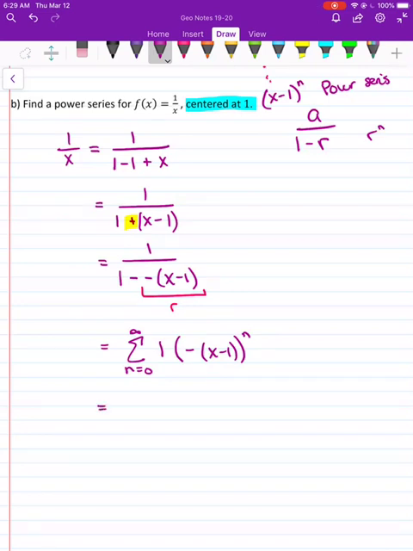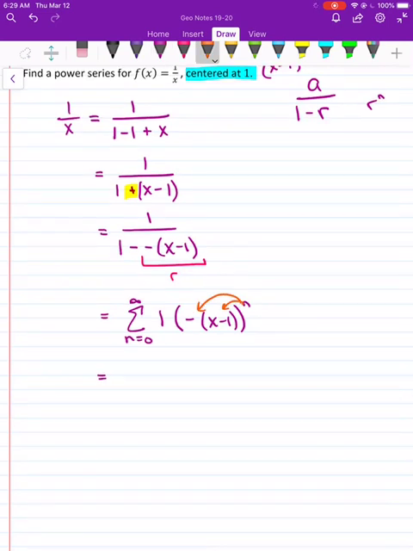If I distribute this n here to the pieces, I can see that I actually have an alternating geometric series. So n equals 0 to infinity, and then I have a negative 1 to the n, and then an x minus 1 to the n.